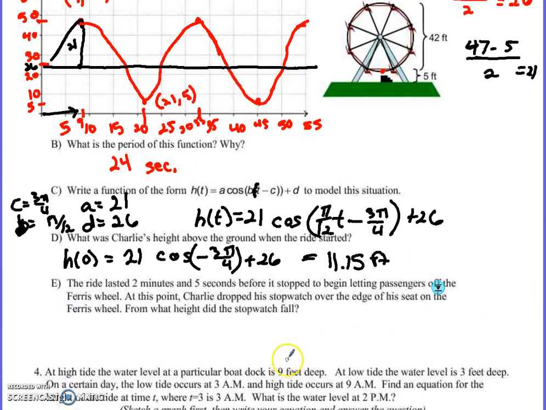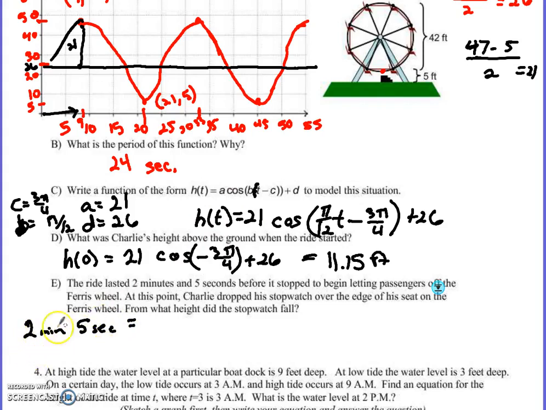And now, E says the ride lasted 2 minutes and 5 seconds before it stopped, letting passengers on and off the Ferris wheel. At this point, Charlie dropped his stopwatch over the edge of the seat of the Ferris wheel. From what height did he drop his stopwatch? So, at 2 minutes and 5 seconds. So, how many seconds? Well, this time was in seconds in this problem. So, 2 minutes and 5 seconds is how many seconds?